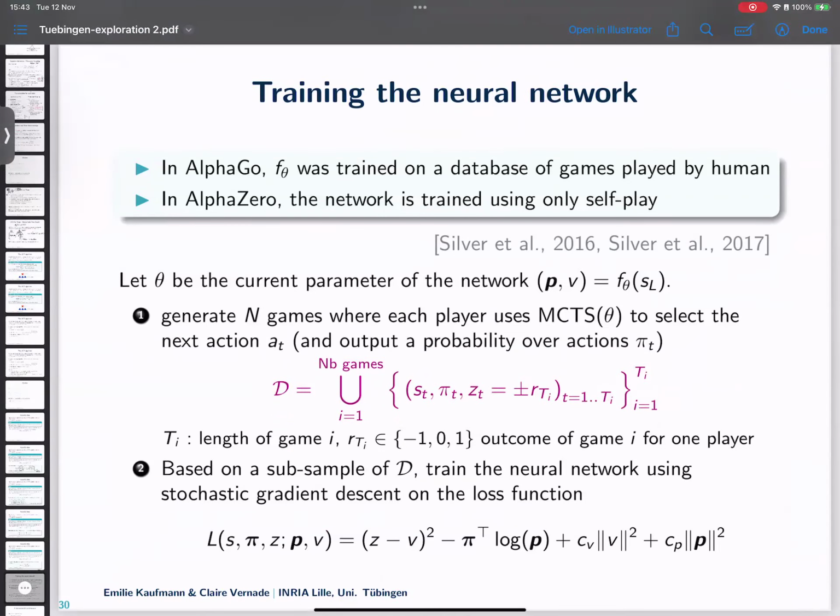So in AlphaGo, what they did is they took thousands or even hundreds of thousands, I actually don't know exactly how many, of games from a database of games that are played by humans. So they observed people playing.